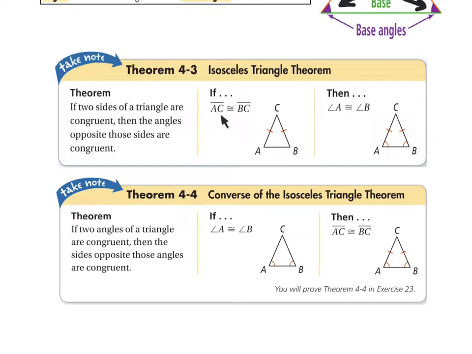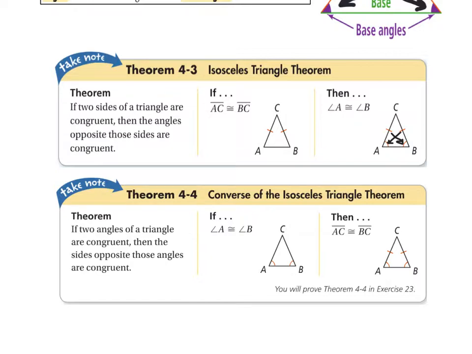So if we know for sure that AC and BC are congruent to each other, then the angles opposite of them are also congruent to each other. If I draw a line from those angles, like so, those are the two angles. In this case, angle A is congruent to angle B. So if the sides are congruent, then the base angles are congruent.